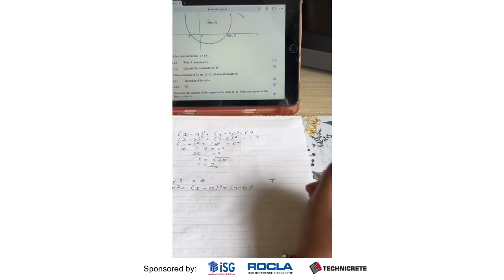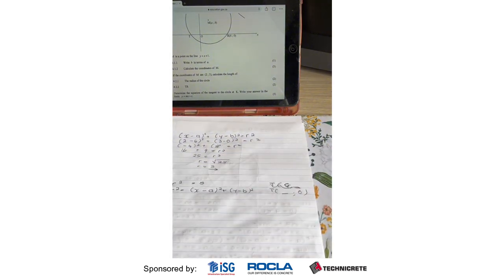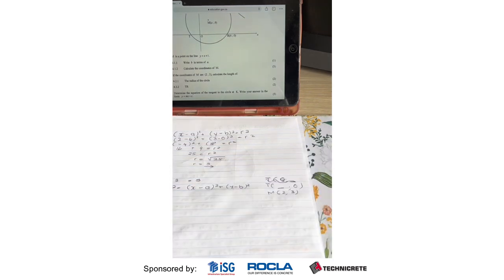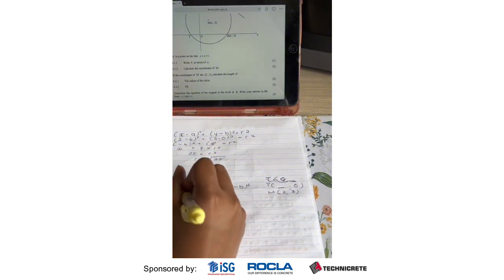And we know that T has a y value of 0. We just don't know its x value. Okay, we know what m is. M is (2, 3). And we know that r squared is 25, so we can substitute to find the value of x.